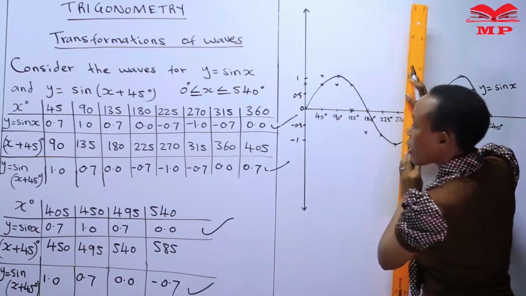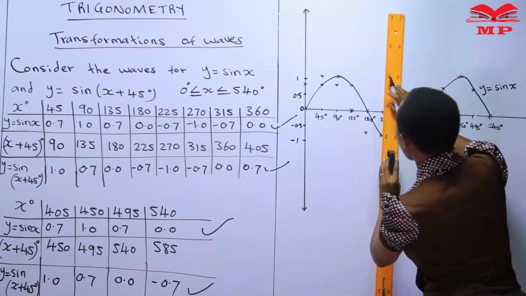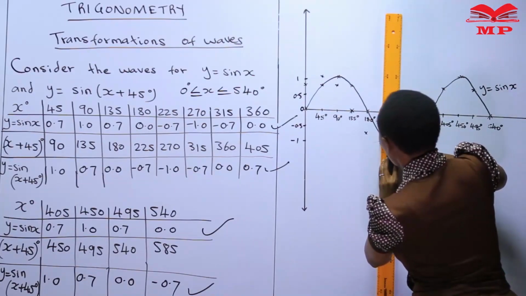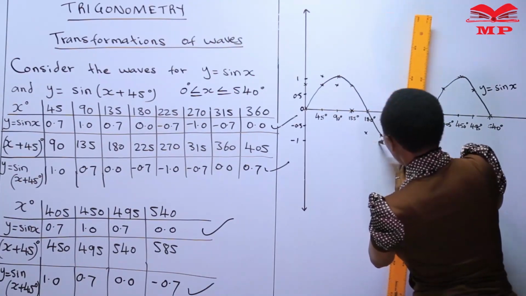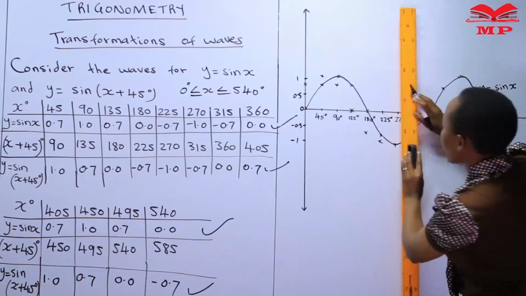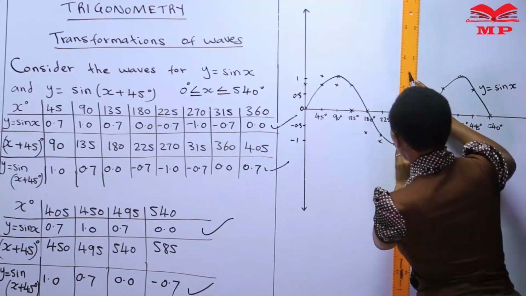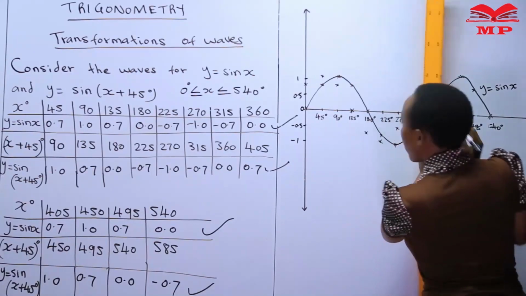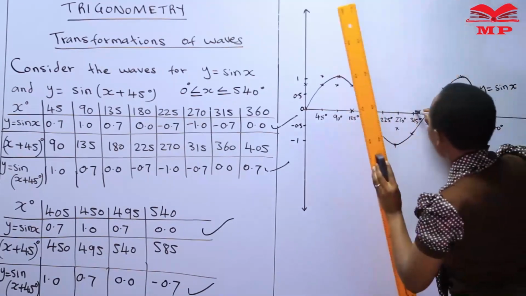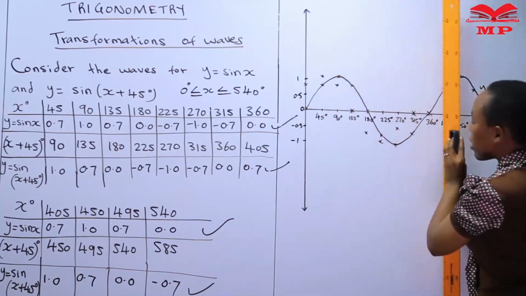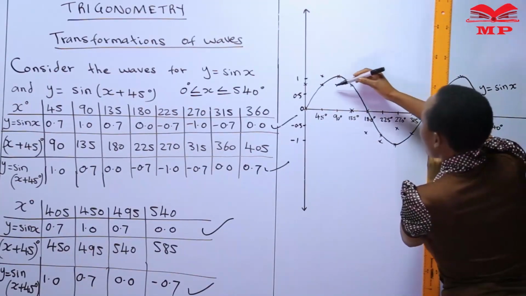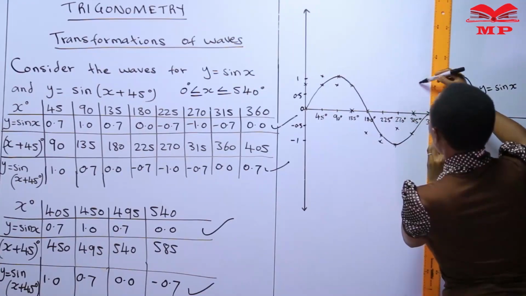At 225, we have negative 1, the point here. Then at 270, we have negative 0.7, which is here. At 315, we have 0. At 360, we have 0.7, which is this point here.